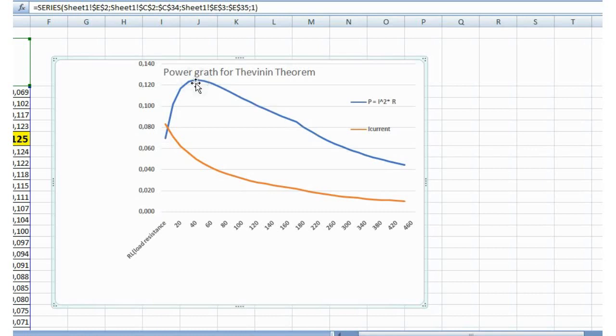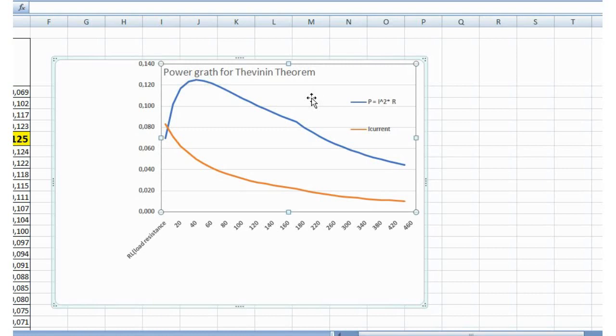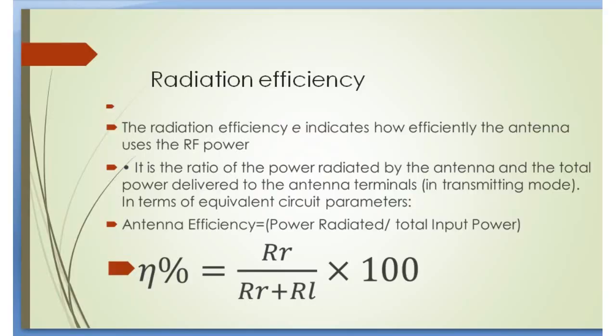So from this example, we can prove that maximum power is going to be achieved when the source resistance is equal to your load resistance. I hope you understand maximum power transfer condition from this example.